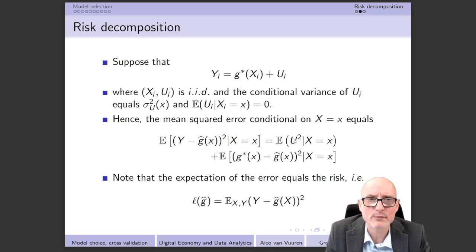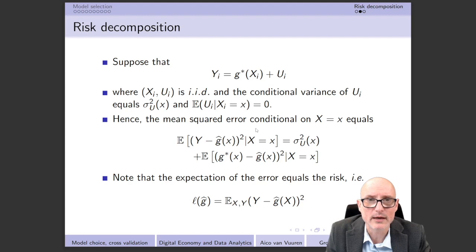Then of course we still have to take into account the first moment squared, but the first moment in this case is equal to 0. That's this assumption that we have over here. So in this particular case the second moment is equal to its variance. So I can also write this simply as sigma squared u of x. So that's what I'm going to do next.